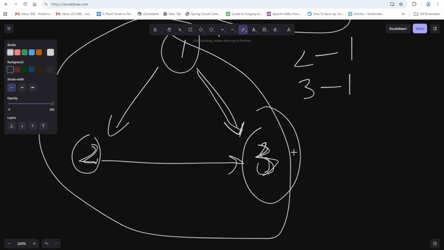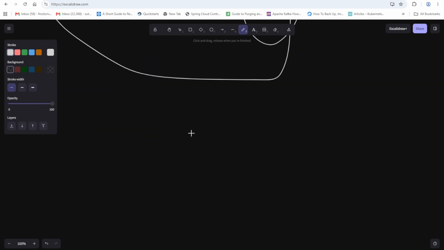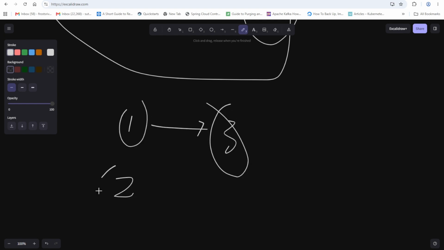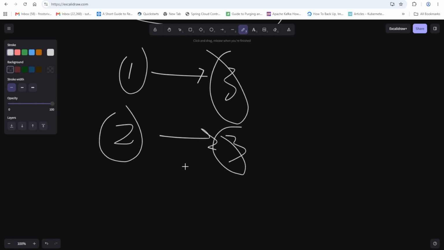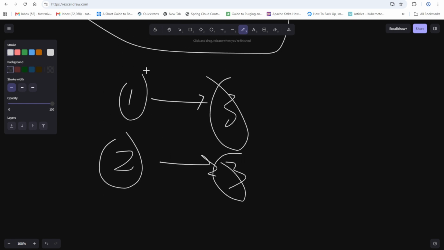But how will we check this? From here we can deduce that either 1 to 3 is forming one extra edge, or 2 to 3 is forming one extra edge. So if somehow we can find these 2 parents, then we can find these edges, and we can find which one to remove after that.